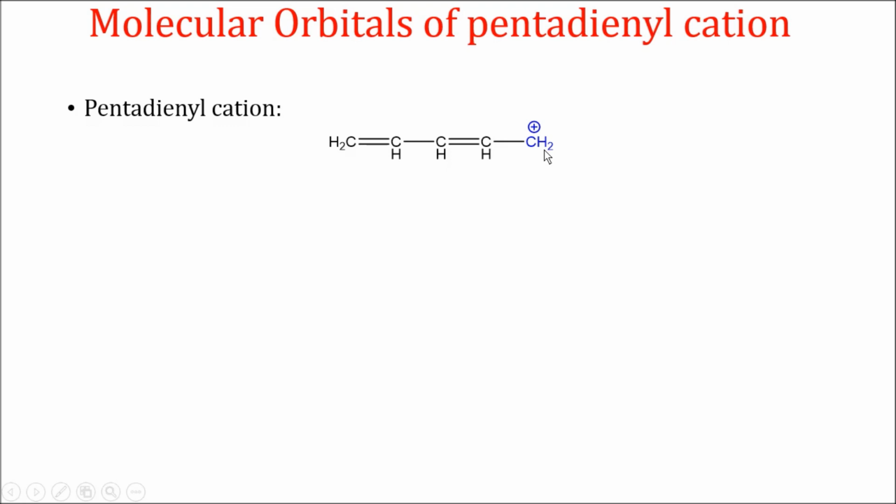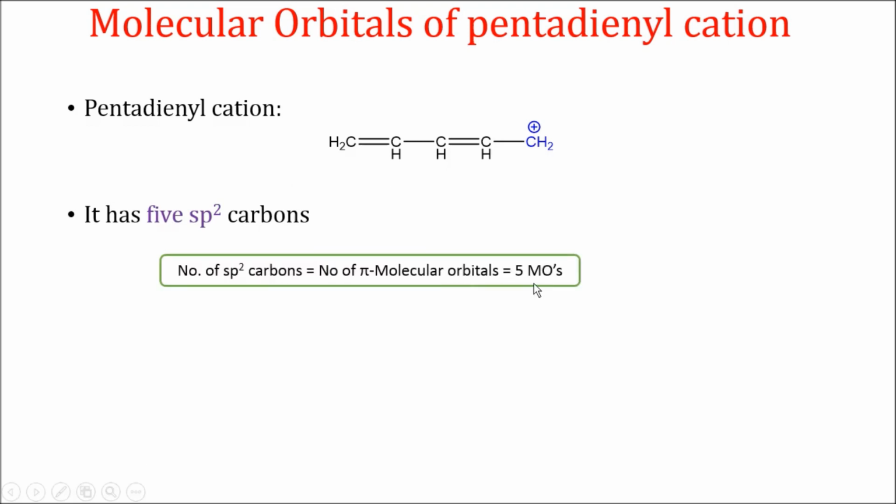Therefore the carbons with double bond character undergo sp2 hybridization, and the carbocation carbon also undergoes sp2 hybridization. So 5 carbons are undergoing sp2 hybridization. Therefore 5 molecular orbitals are present in pentadienyl cation.